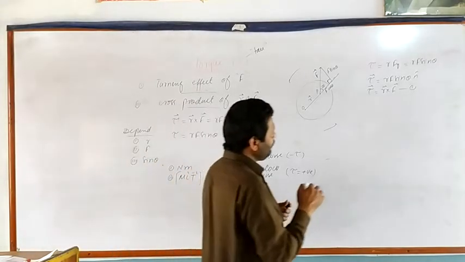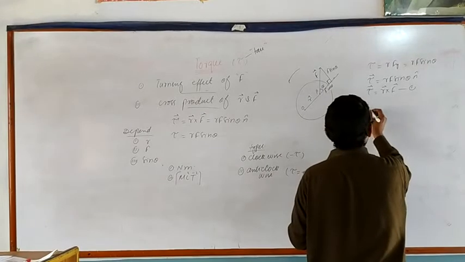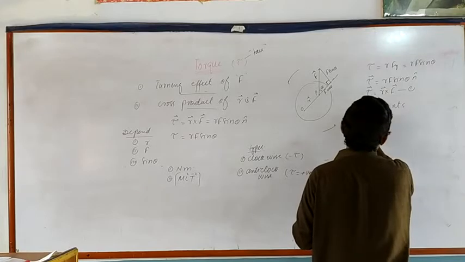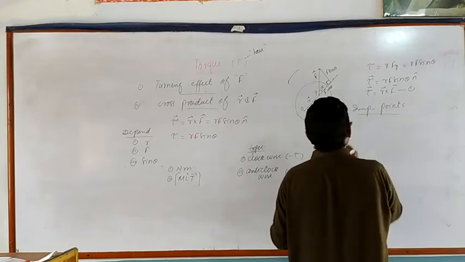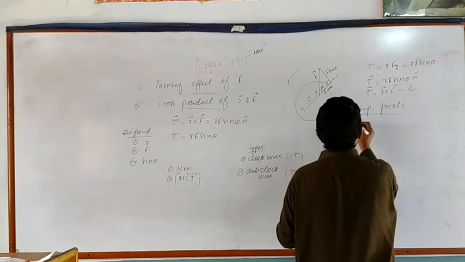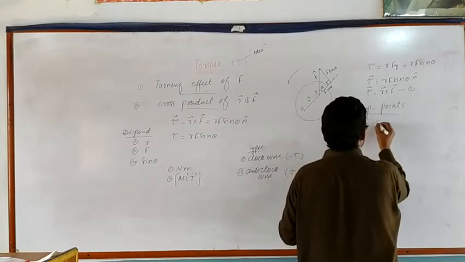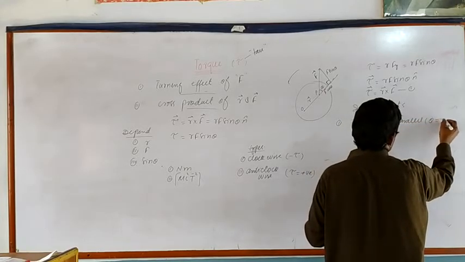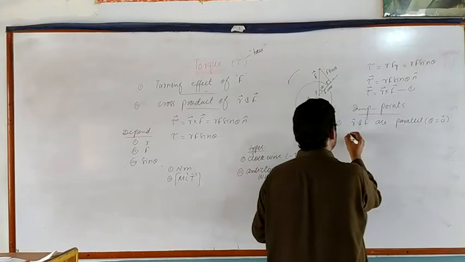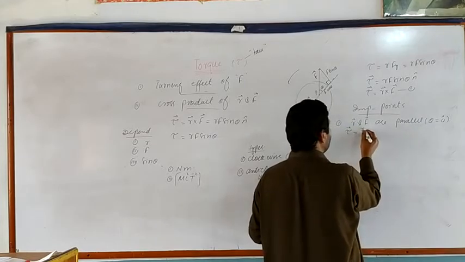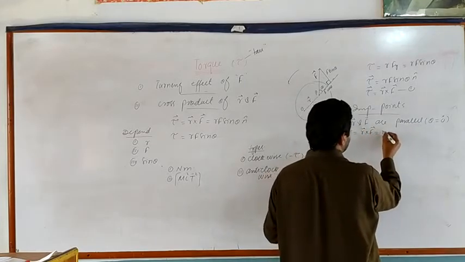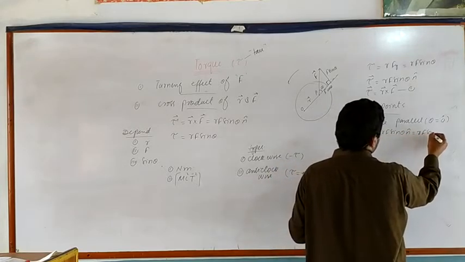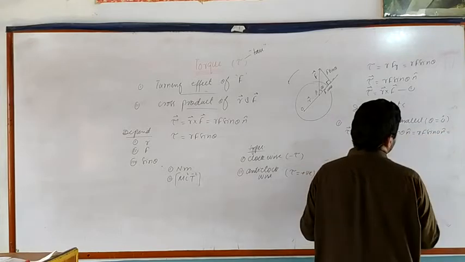Dear students, important points of this topic are: number one, when vector r and vector f are parallel to each other, meaning the angle between them is 0, then torque is tau is equal to vector r cross vector f, r f sin theta into n unit vector, r f sin 0 into n unit vector.